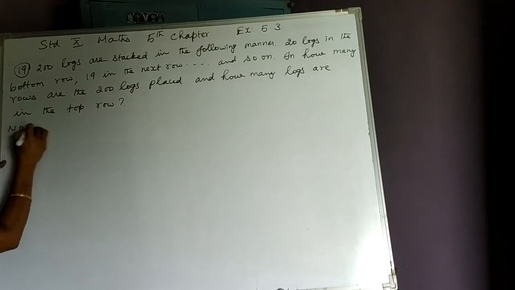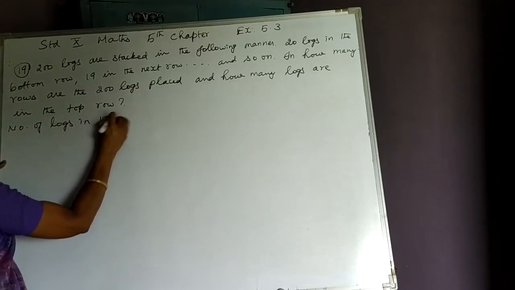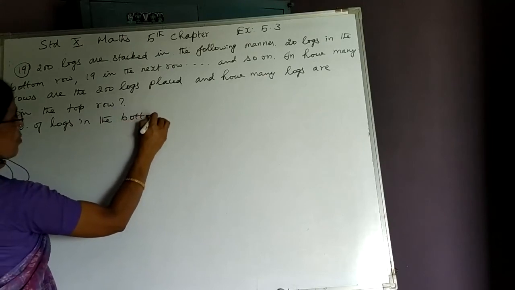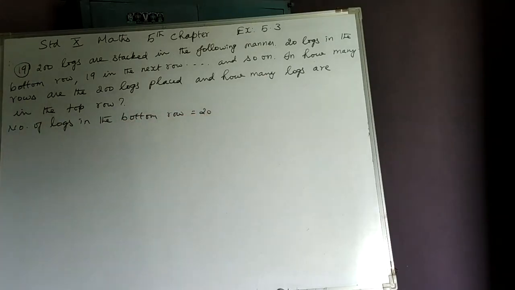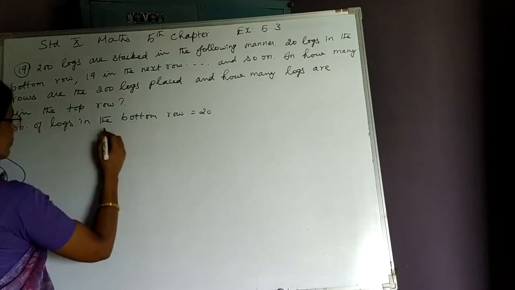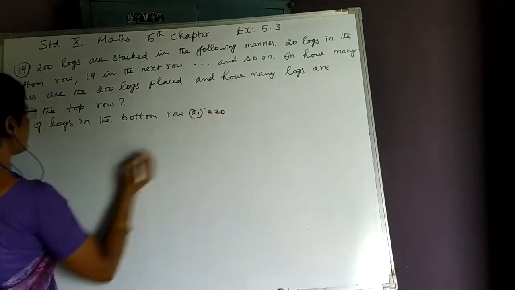So number of logs in the bottom row is equal to 20. So this is A1, which is equal to 20.